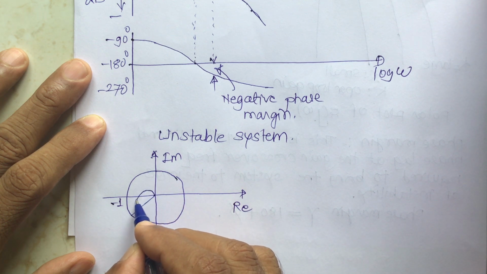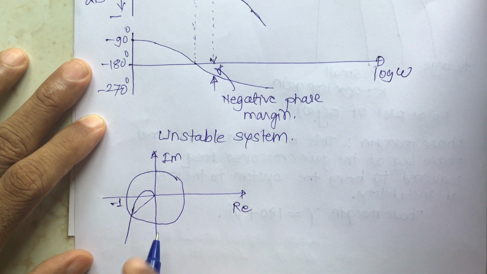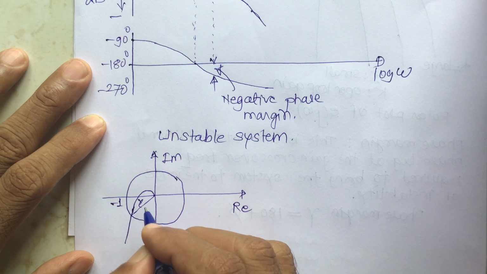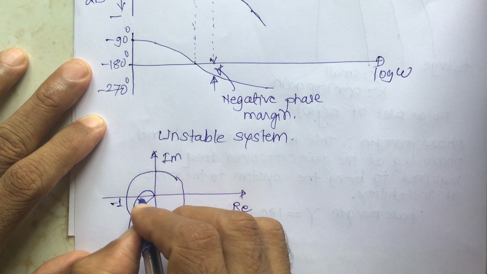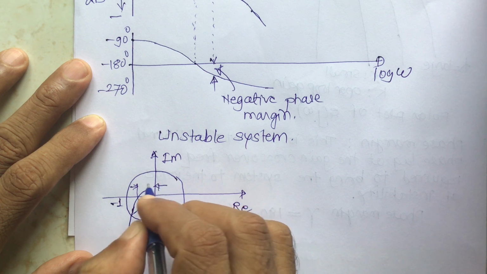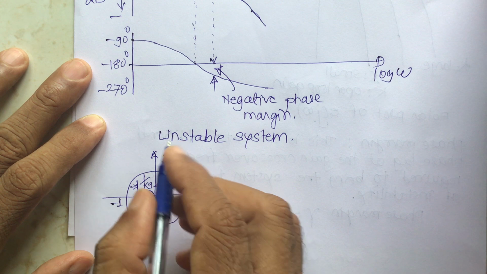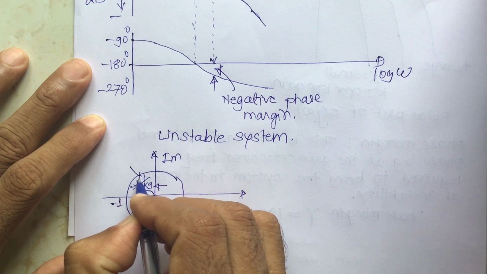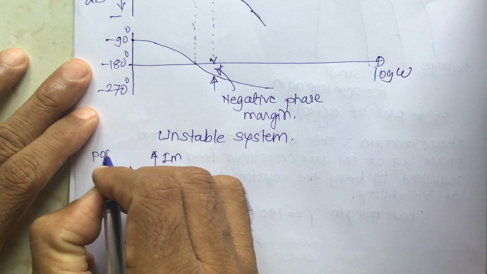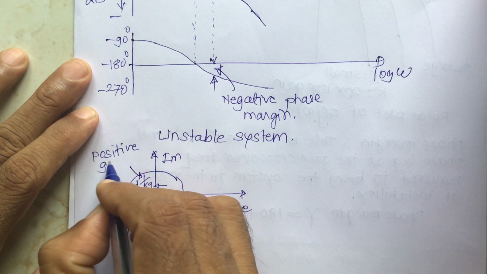Okay, and suppose your plot is like this, it is crossing like this, and this is the gamma angle, and therefore the magnitude of this is 1 over kg, and this is called the positive gain margin.